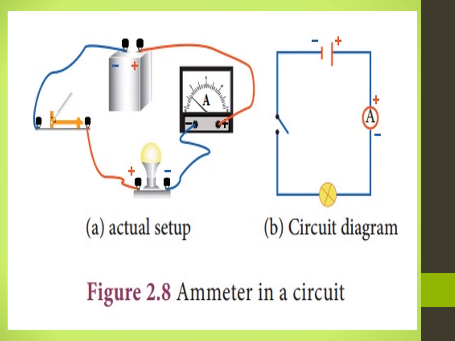See the battery, positive and negative given. Positive side only, that red terminal. The current flows through the positive red terminal of the ammeter and leaves from the negative.